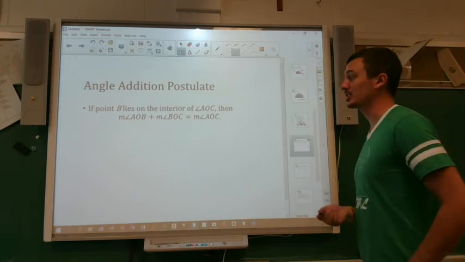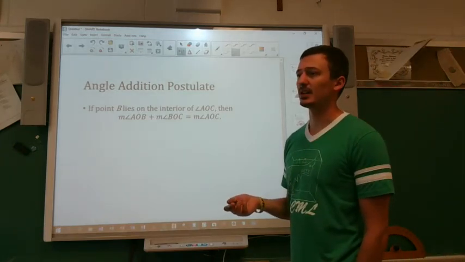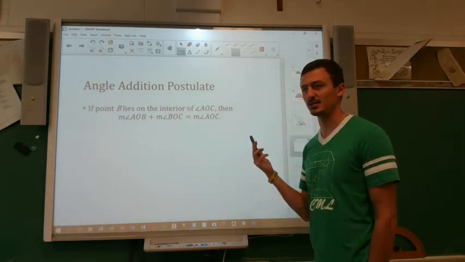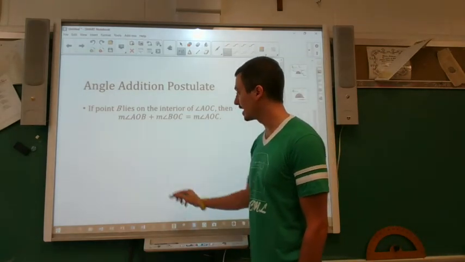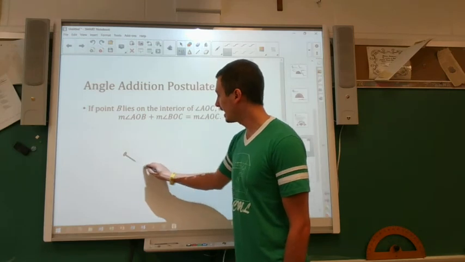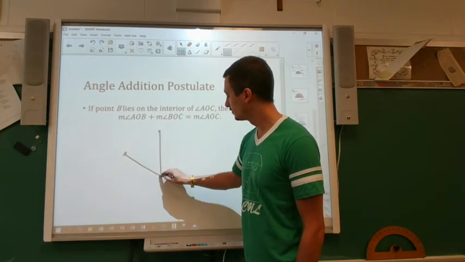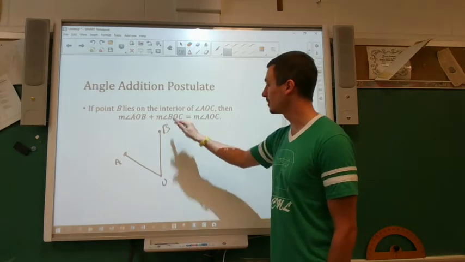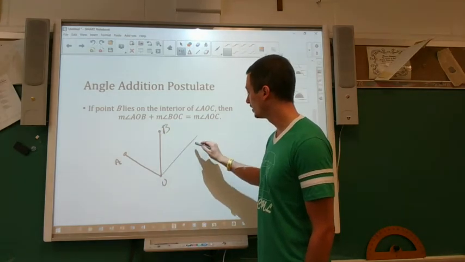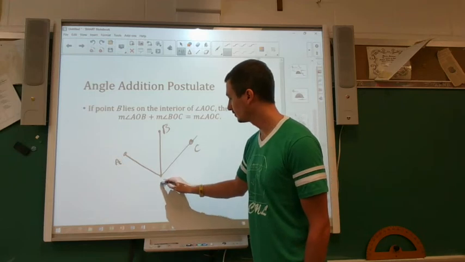The angle addition postulate is kind of the converse of that, like this, but the protractor postulate, but backwards. What this is saying is if you have the measure of some angle AOB, so this is AOB, and the measure of angle BOC.